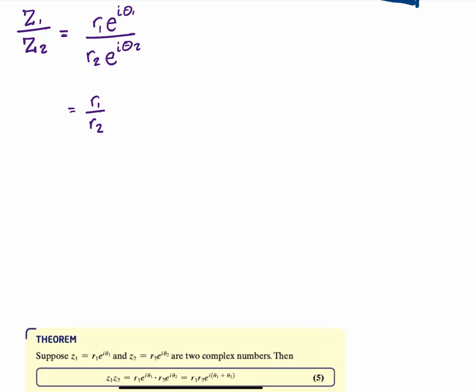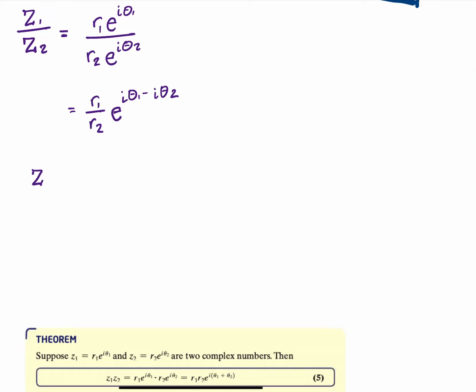And then if you recall, if we had something like x cubed over x squared, two bases are the same in different exponents, you would subtract the exponents. This would be the x to the power of 3 minus 2, or x to the 1st power. So that same rule will apply here as well. We can reduce this to e to the power of i theta 1 minus i theta 2. And then we can factor that i out again like we did last time.